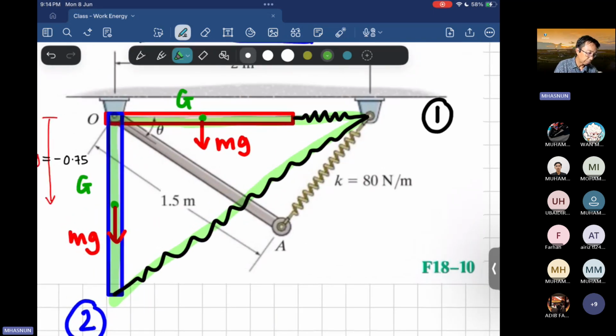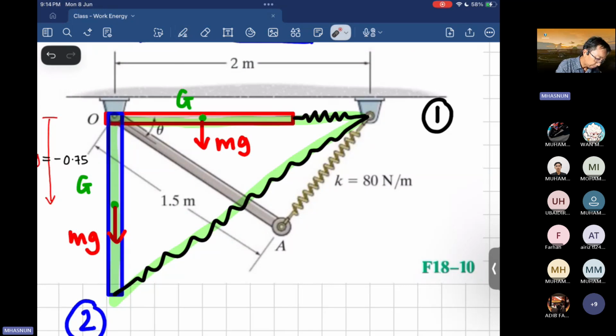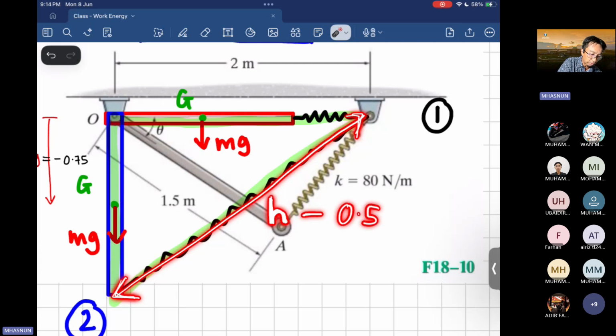So this is the triangle, and this is the hypotenuse of this triangle. Basically, we need to calculate this hypotenuse H. And when we get this hypotenuse H, we will then subtract 0.5 meter, which is the original length of the spring, so that we will get S2.